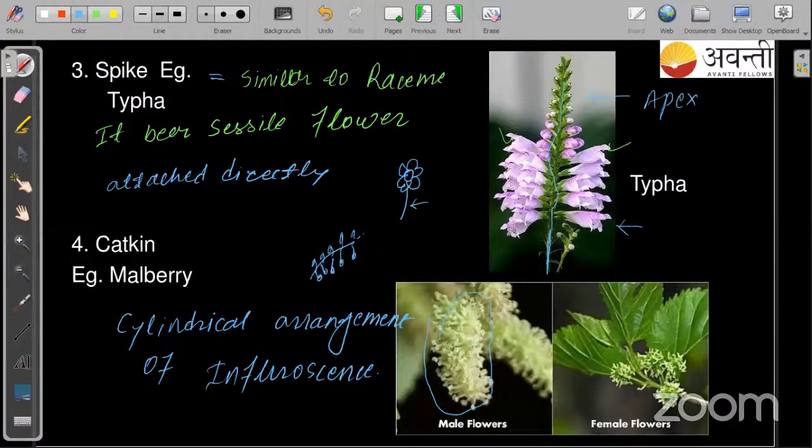This type of cylindrical arrangement is found in the catkin, or we can say this is the catkin inflorescence.